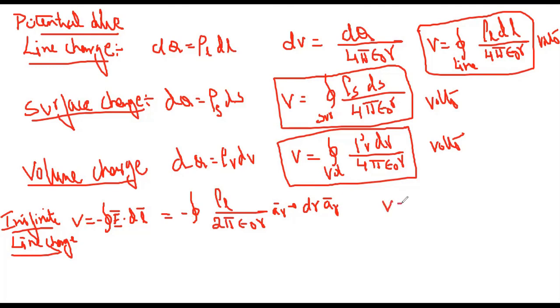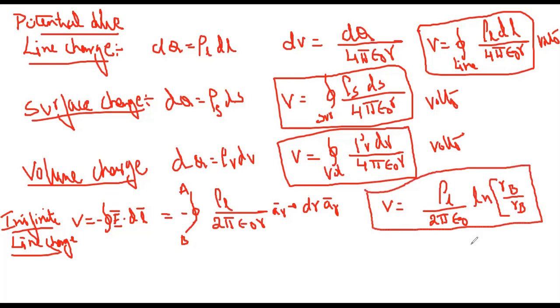Now the potential due to the infinite line charge, V is equal to, after applying the integral, rho L by 2 pi epsilon naught, which is constant, with initial value B and final value A, ln of RA by RB. Because the minus is already there, by substituting the minus it becomes ln of RB by RA.